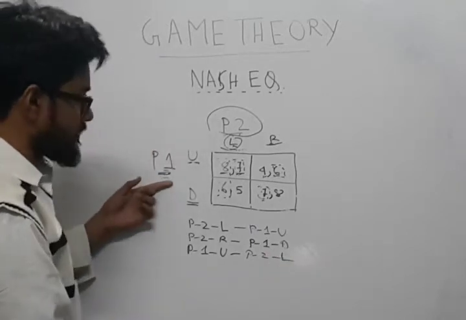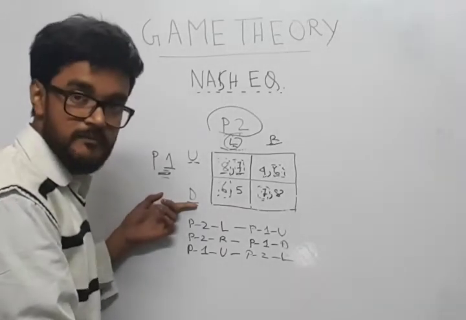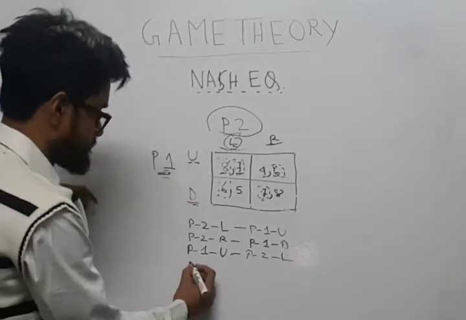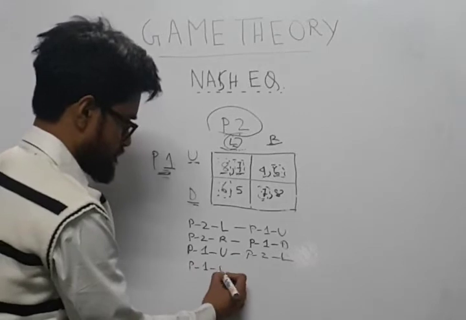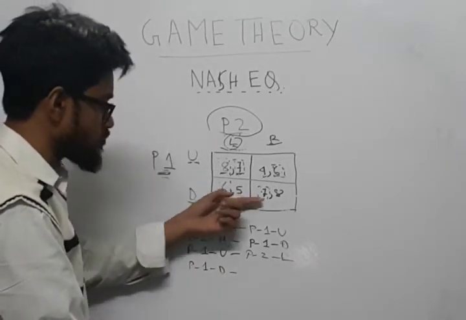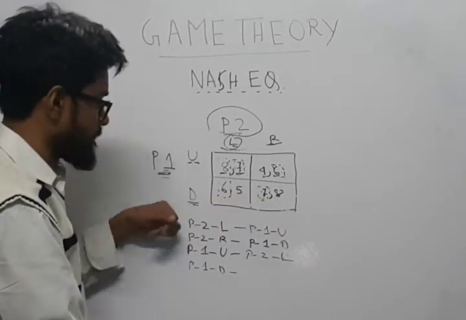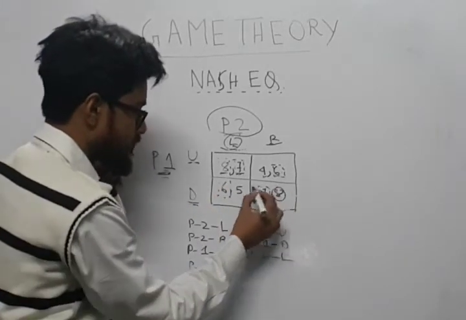Now in the other case, when player 1 plays D, player 2 has two options, either this or this. Now out of these two, it is quite obvious 8 gives more utility than 5.